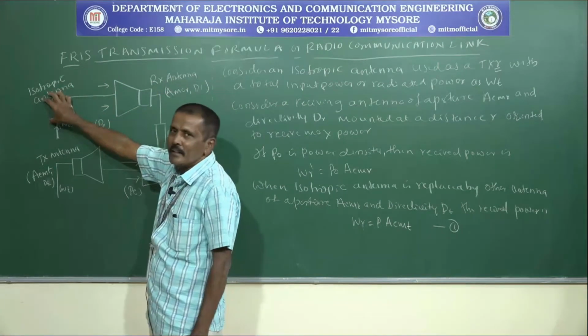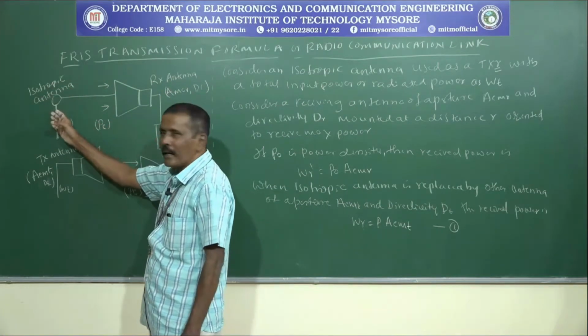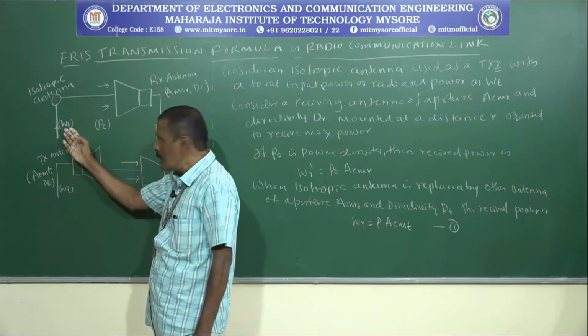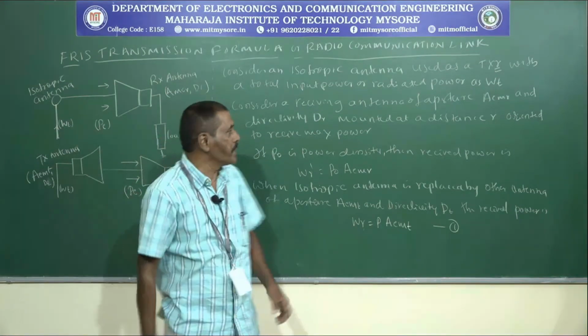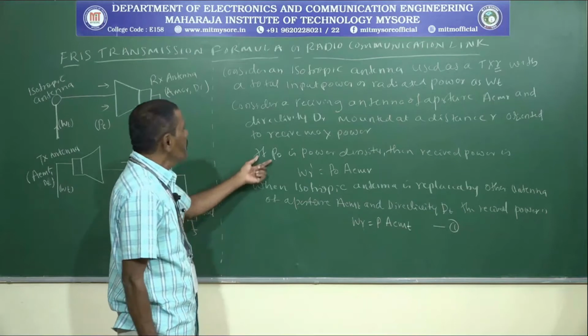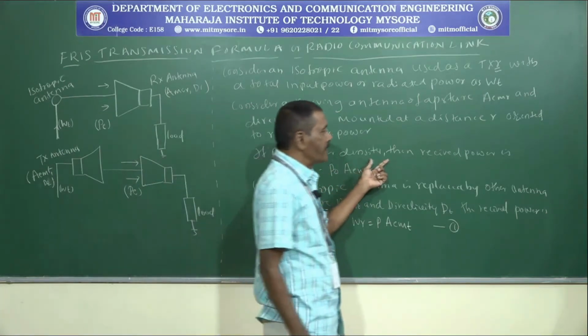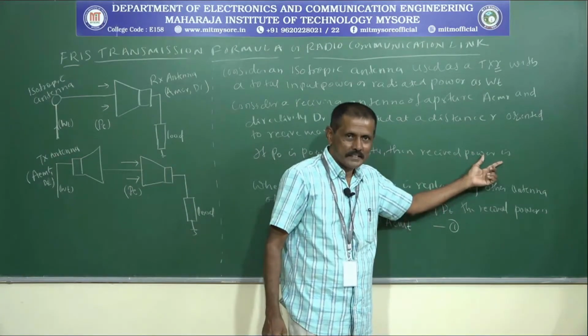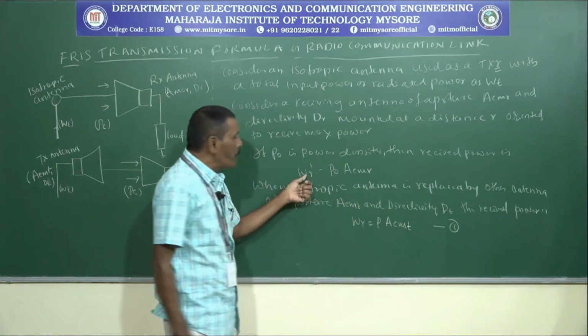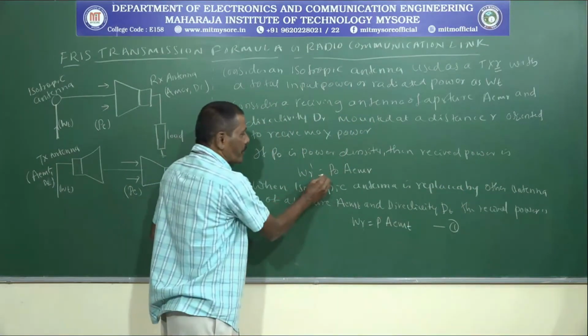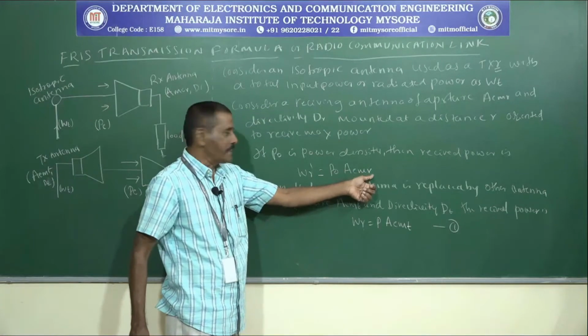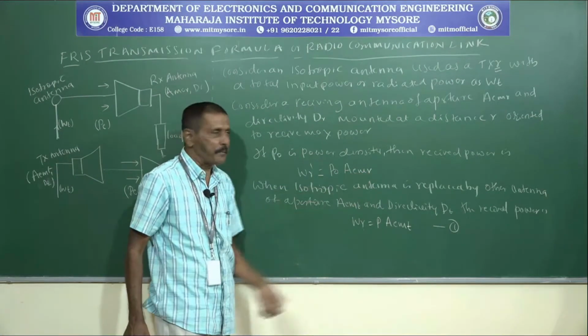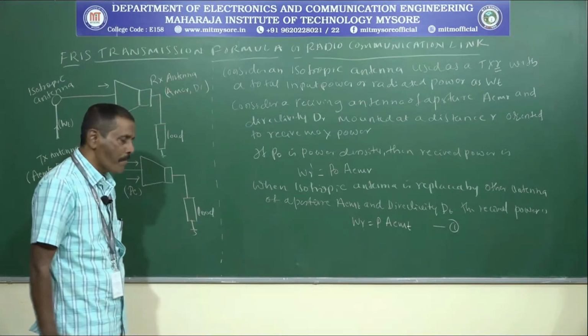So the power radiated by this isotropic antenna has the power Wt, or the power density of Pe. Now, if P0 is the power density, then the received power Wr dash is equal to P0 into AEMR, that is P0 into the maximum effective aperture of this receiving antenna.